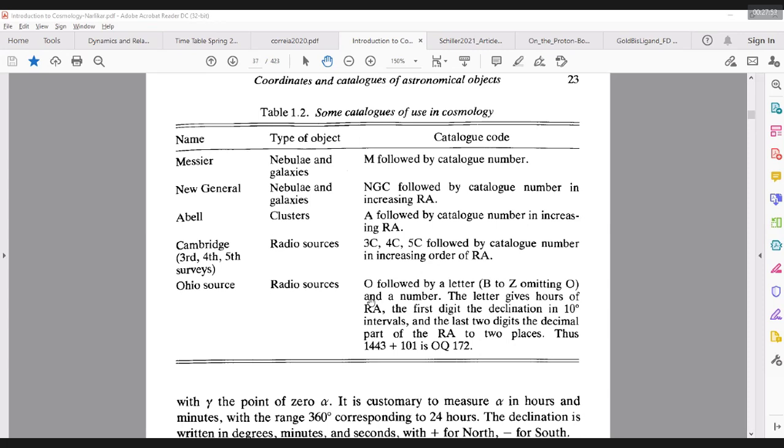So as we discover the stars, radio sources, or galaxies or clusters in our universe, we list them as our discovery in a catalog.